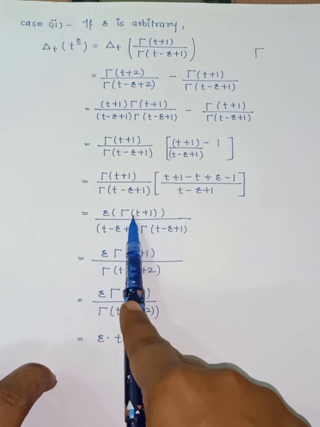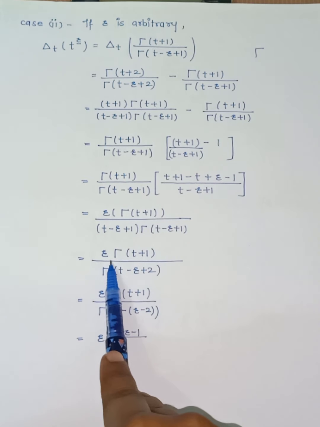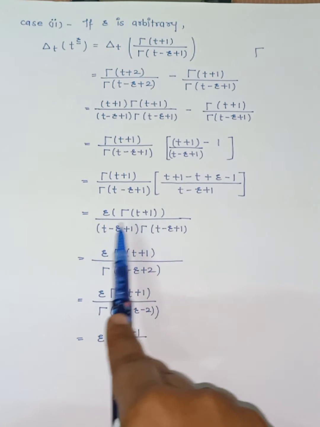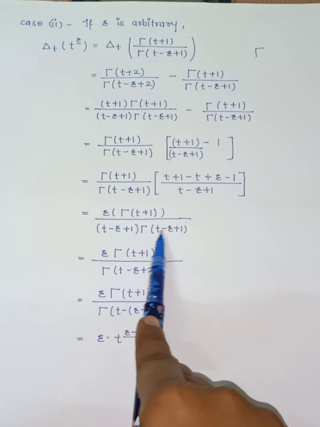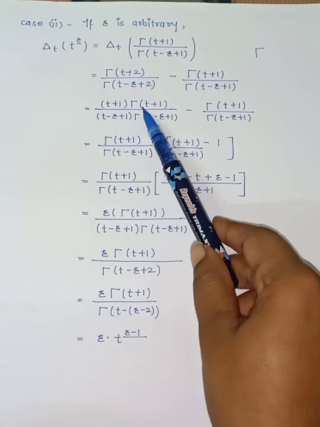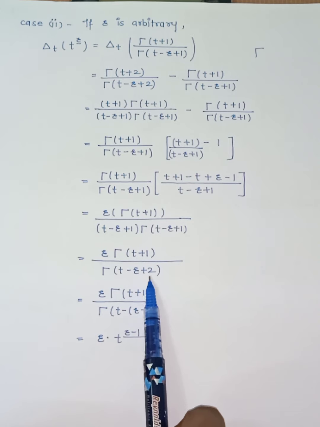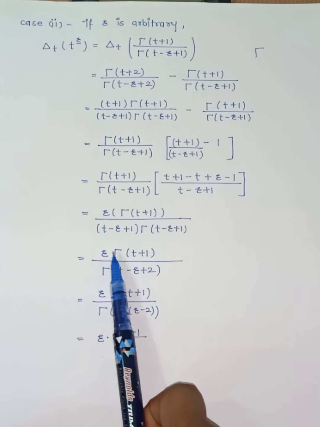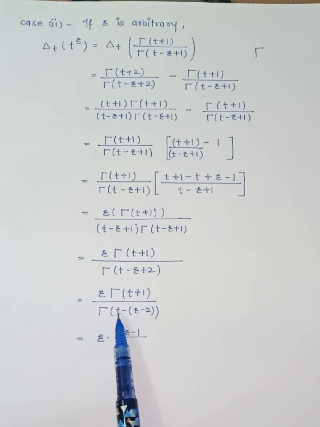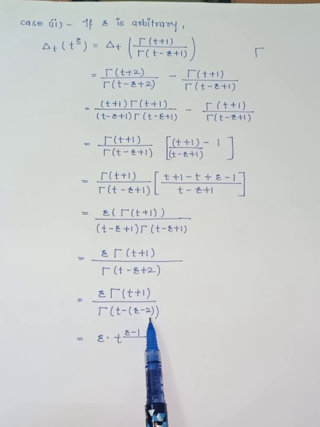So r into gamma of t plus 1 as it is, and t minus r plus 1 into gamma t minus r plus 1, same as here. So what we get is gamma of t minus r plus 2. So r gamma t plus 1 upon gamma t minus r plus 2.